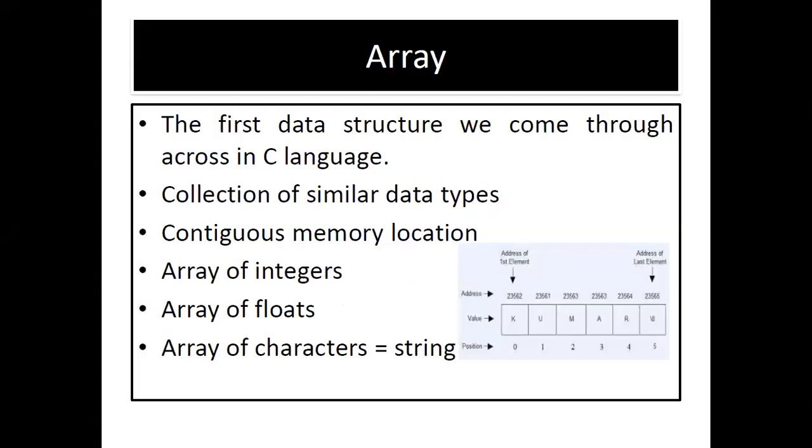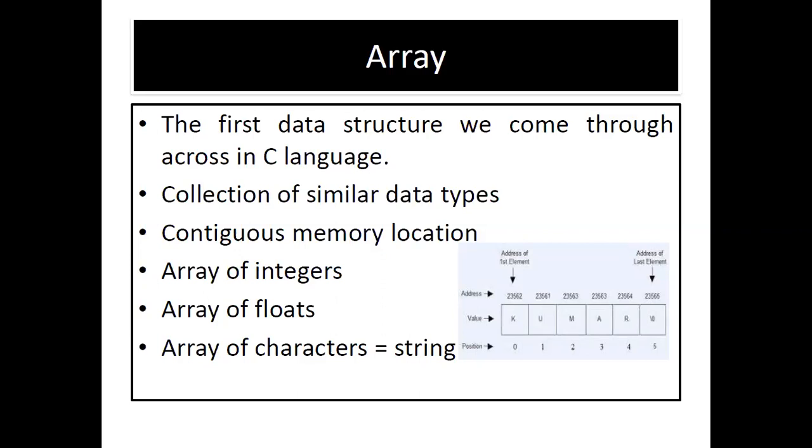So we'll have a quick go through along with the definition of an array. The first data structure we come across in C language, because the data is being stored in a structured fashion. A collection of similar data types.